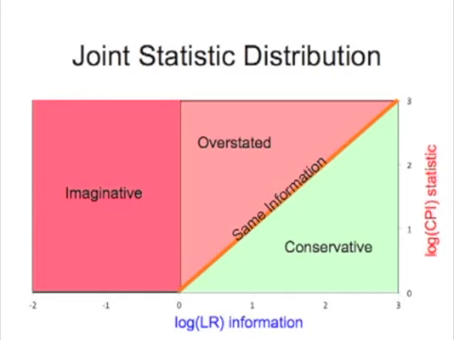If it's up here, so that the computer interpretation is low, but the human interpretation is high, then people are overstating. And over here, there's actually no information, or information the other way. And people are possibly really overstating it.